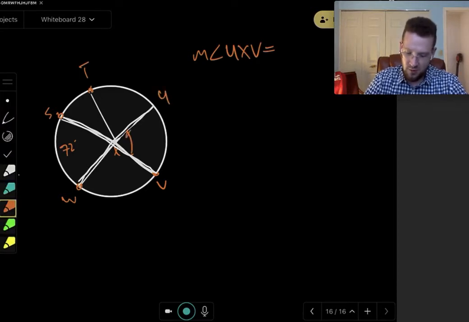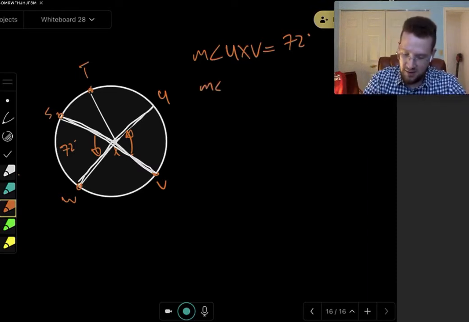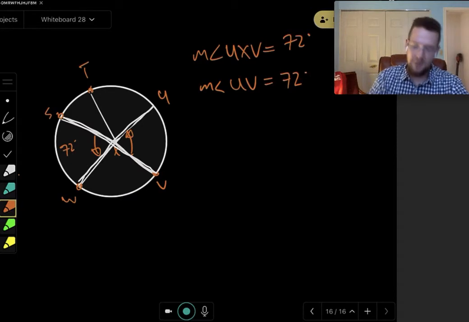So these are going to be vertical angles. And so this angle measure would also be 72. And if we look at the measure of UV, the degree of the arc, this would also be 72. So that angle measure in between those two, and then this arc angle measure will be the same.